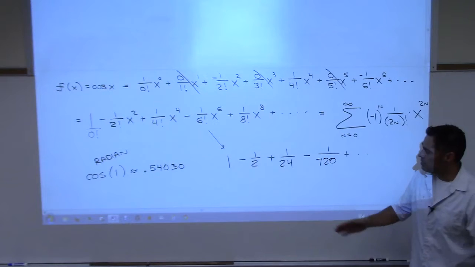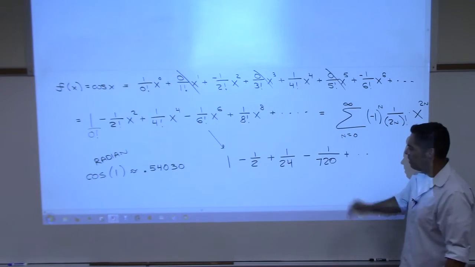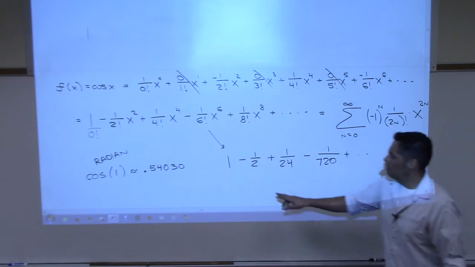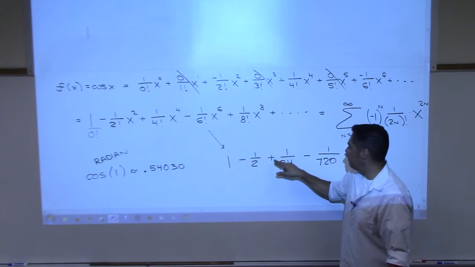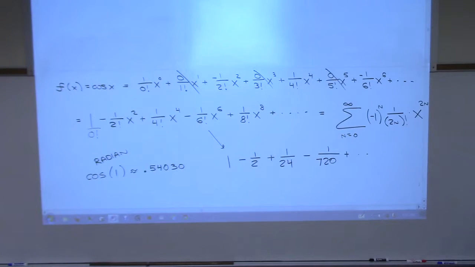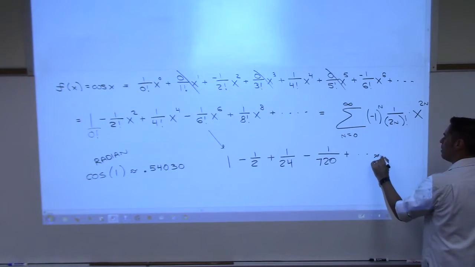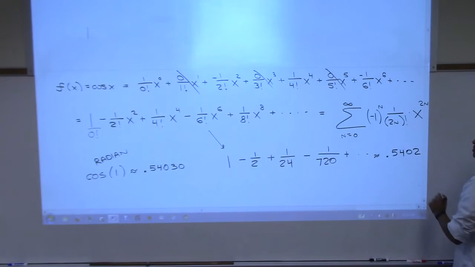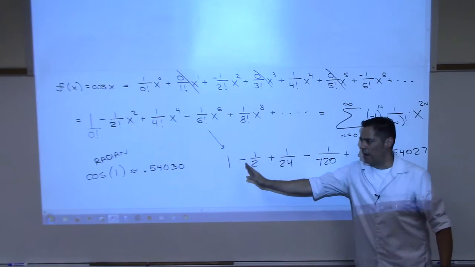Now on your calculator, can you do 1 minus 1/2 plus 1/24 minus 1 over 720? What do you get? This is approximately 0.5402, okay.